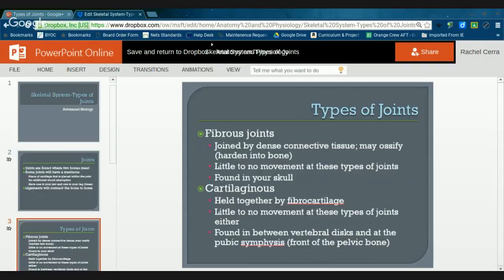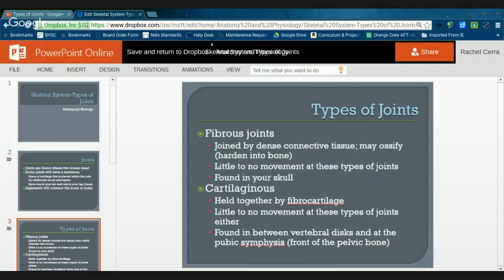The two major places you're going to find these are in between your vertebrae, those little cartilage discs in between the different vertebrae. Those are cartilaginous joints because, again, it is technically where two bones meet, and it's just held together with this fibrocartilage.